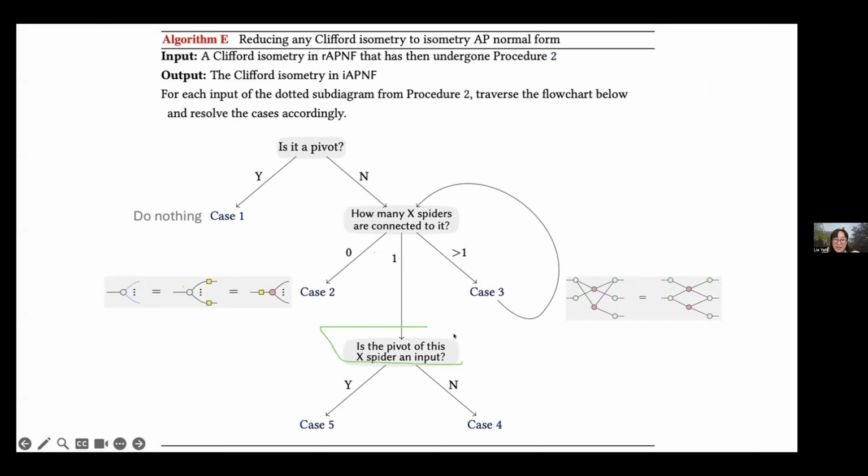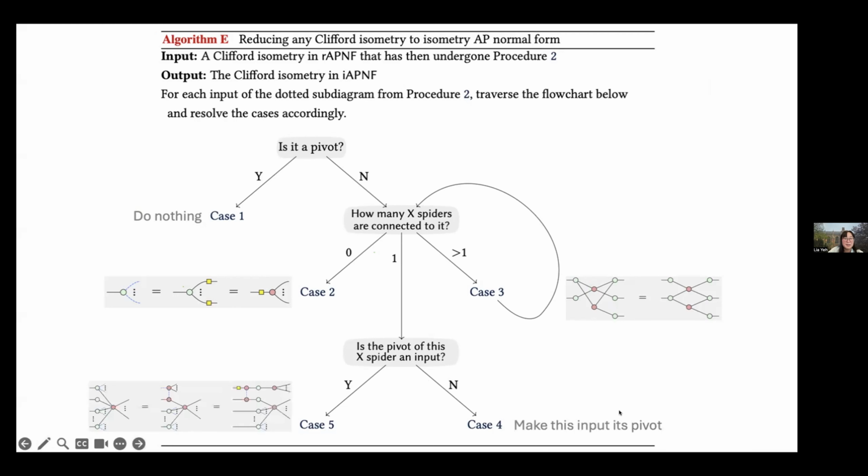Then if you're here, that means that only one red spider is connected to that green spider. If that thing already has a pivot because of the reduced row echelon form, and that pivot was an output spider, then you can change that pivot from being the output spider to an input spider. So just change the pivot.